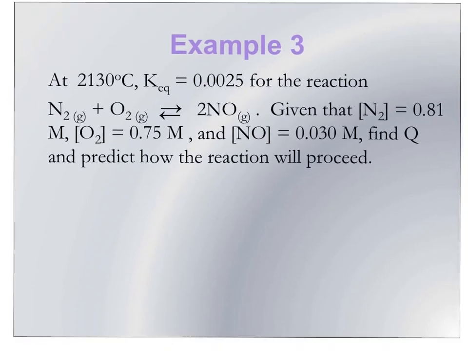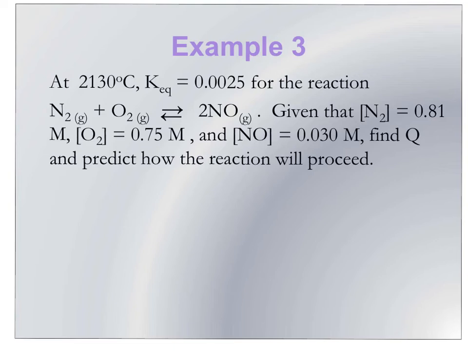So let's look at some examples of questions that I could ask you other than writing the K expression or the Q expression or calculating Q, here's another example. So at 2130 Celsius, K is equal to 0.0025 for this given reaction.